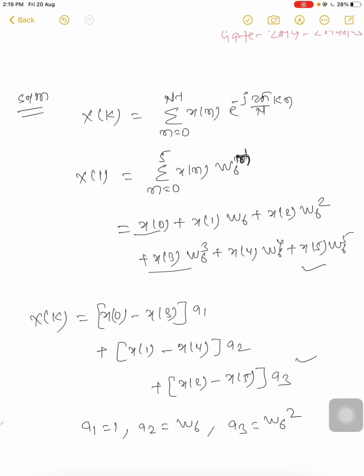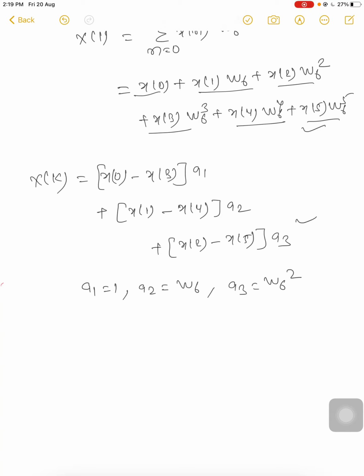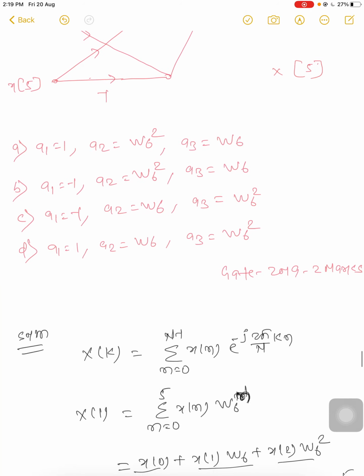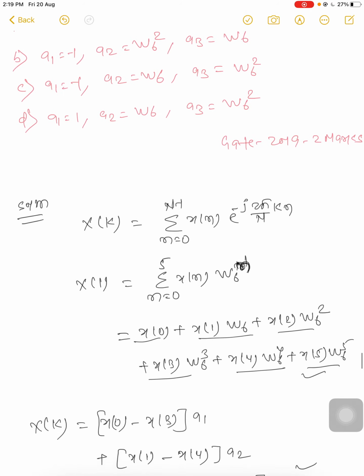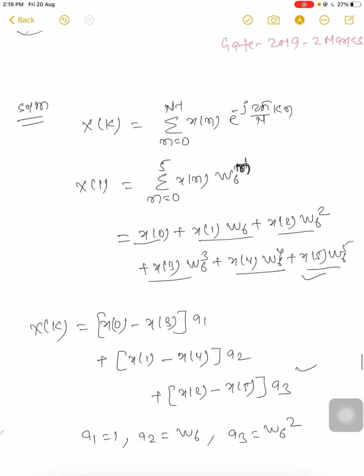Put it together from here, x1 x4 and x2 x5, and after that compare it. Then we will get a1 equal to 1, a2 equal to W6, and a3 equal to W6 squared. So the answer will be D.